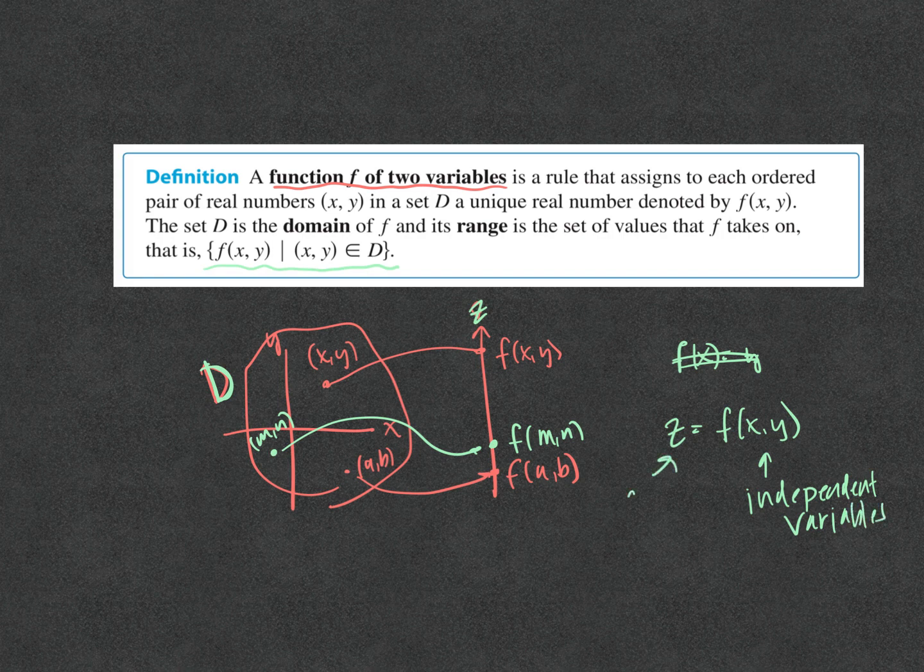And z is your dependent variable. So if you compare that to what you already know, it makes perfect sense. It's just, you have to think about the fact that over here, our domain is R2, not just a value, and the range is a subset of the real numbers.